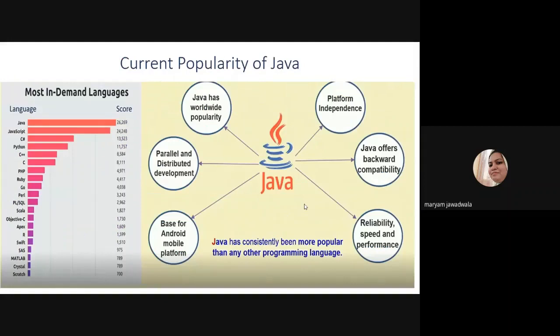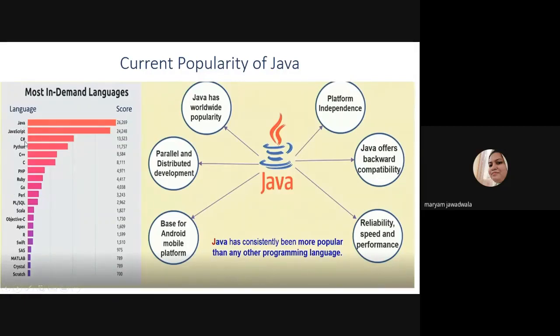The next is why Java is so popular. This is the popularity index of Java, right? I can say Java has consistently been more popular than any other programming language. Here I list some of the languages. The first language is Java, and its popularity score is the highest among all the languages. The next language is JavaScript.